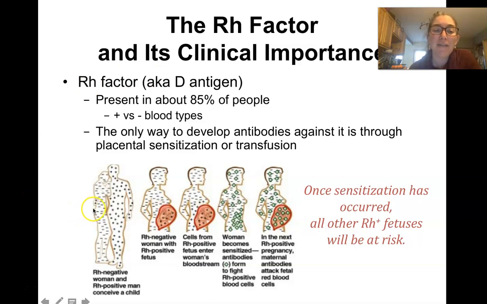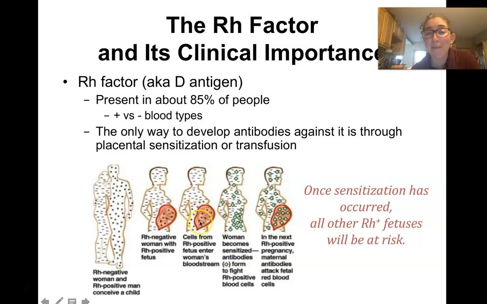And when you have an Rh negative woman with an Rh positive partner, sperm donor, husband, boyfriend, whatever, then the developing fetus could be Rh positive. And if the fetus is Rh positive and the mother is Rh negative, it's fine during pregnancy. During the first pregnancy, all is well.